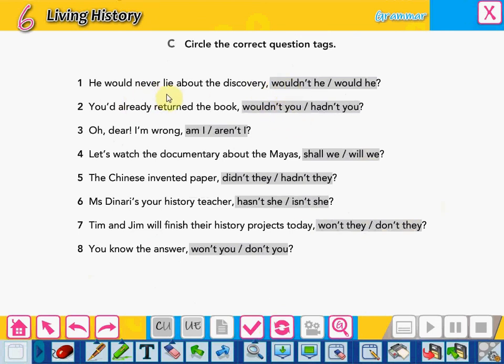We have here would never, so the answer should be would he. You'd already returned the book, so the answer should be hadn't you. Oh dear, I'm wrong, so aren't I.